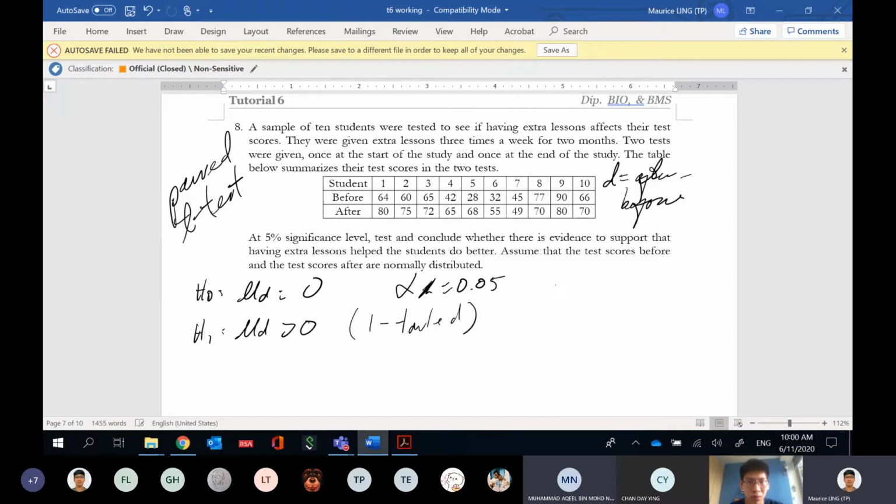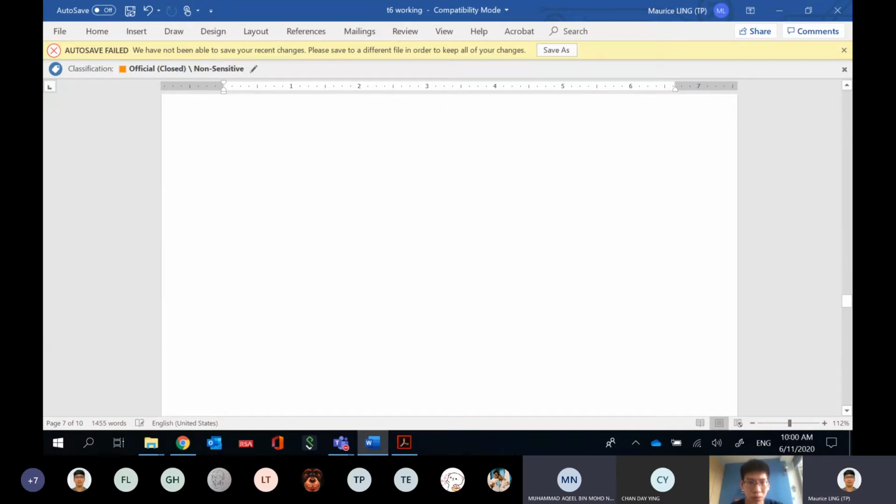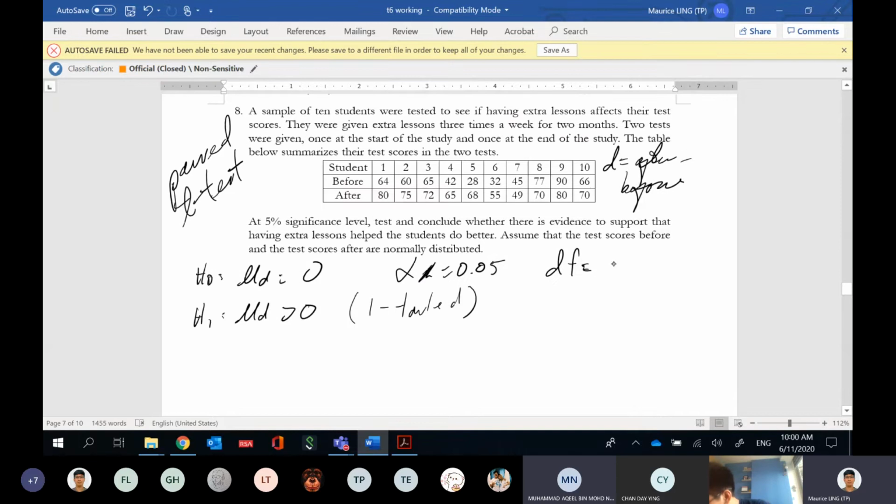Okay. So here, what is the degrees of freedom? It's 9. Since you have the degrees of freedom already, you can find your critical value. So critical value is 1.833. Okay, correct.